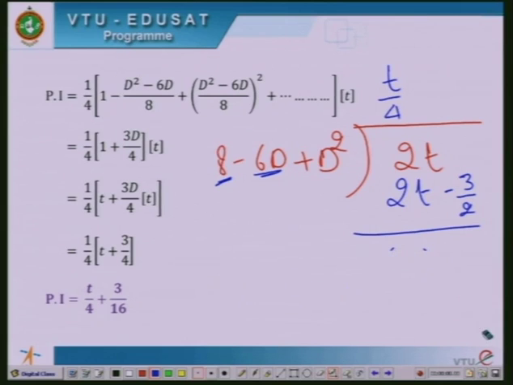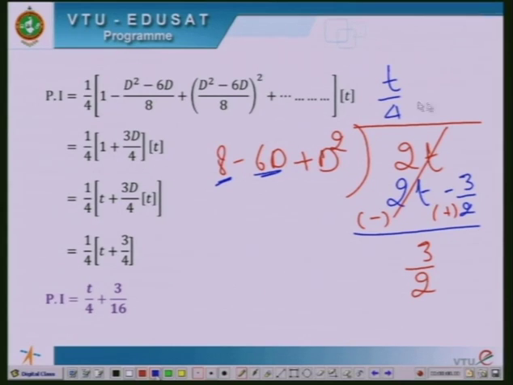Okay. Now you subtract this, 2t vanishes, I will get 3 by 2. Next, what should be multiplied with the 8 to get 3 by 2 here?